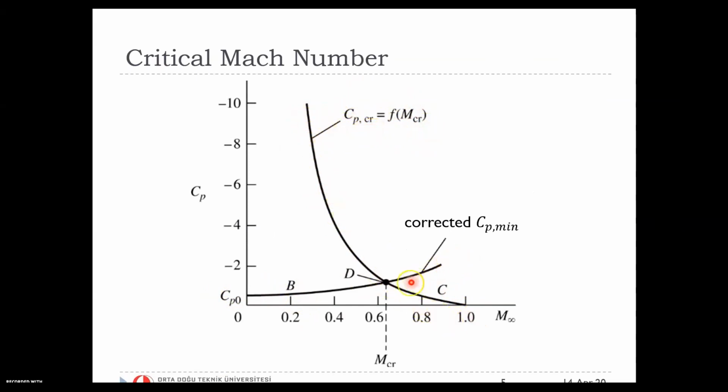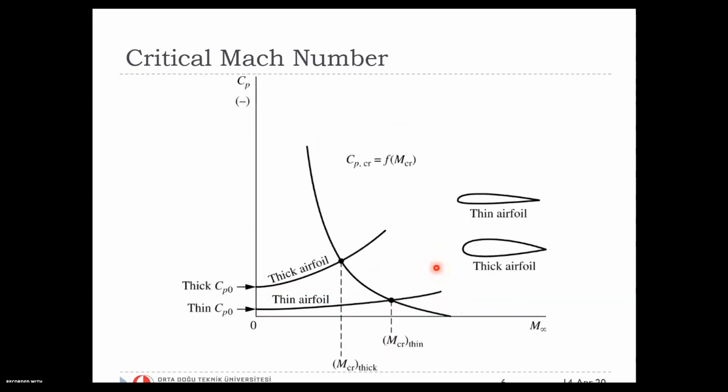Okay, and this curve is just an approximation because we are using some compressibility correction. We start with the incompressible pressure coefficient, and we apply corrections, and then we end up with this curve. And the intersection of these two curves gives you the critical Mach number for the airfoil.